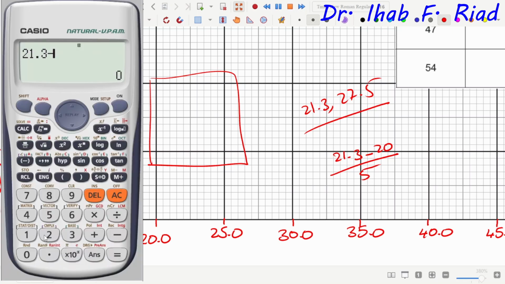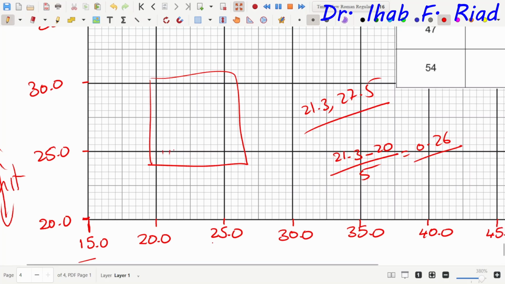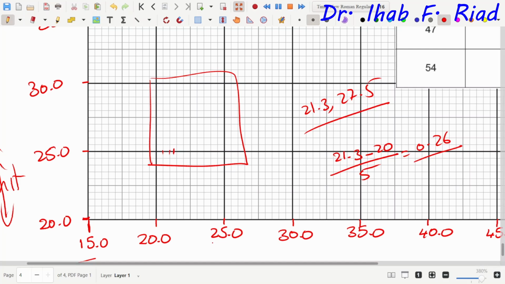This point is 26. So it is between two squares and 6 squares. Okay, 1, 2, and it is a little bit over here.